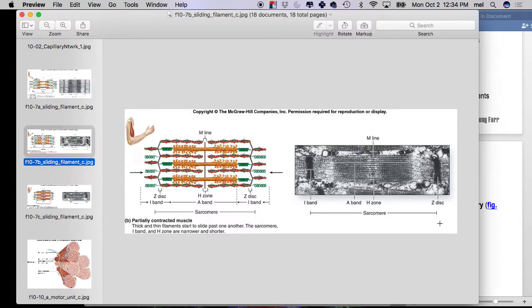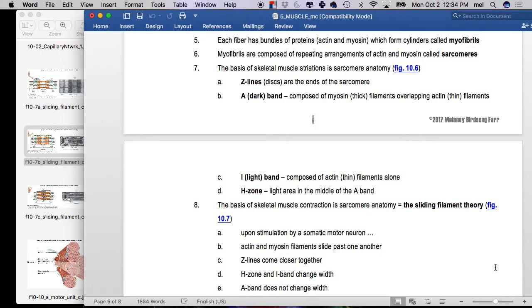Okay, so how they describe this is they say that this is called the sliding filament theory of muscle contraction. Please do not be one of those poorly educated people who thinks that something that is a scientific theory is something that we're still arguing about. That is not what theory means, okay?